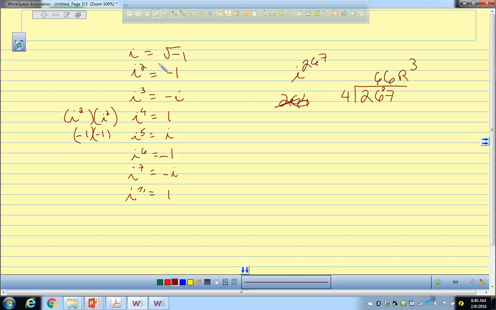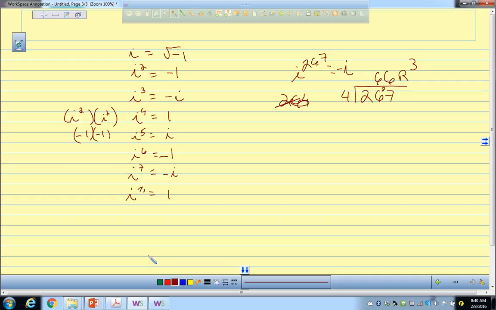So after every multiple of 4, it's going to hit here, and then you count 3 more places: 1, 2, 3. So that would be the same as -i. You understand that? Just see how many times it goes through that cycle, and every 4, it ends up here. Then with your remainder, I would just count that many places past there, and so on.